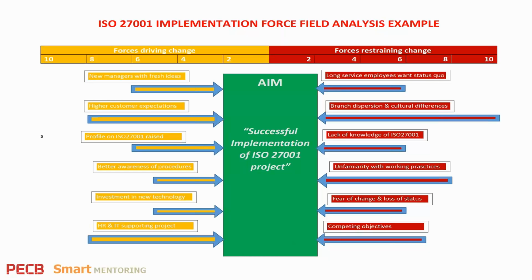The sales guys were always using their technical ability to sell jobs, etc., and there was not a service request went in to charge the sales department to cross-refer charges. So that's what I mean by competing objectives, or one of the reasons for competing objectives. So that is, as I say, in the centre, the aim is successful implementation of your 27 project.